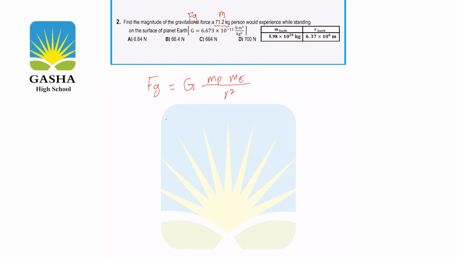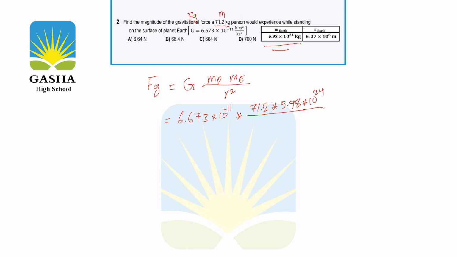So let's substitute the values. G is 6.67 times 10 to the power negative 11, times the first mass, 71.2, and the second mass, the mass of Earth, which is 5.98 times 10 to the power 24, which is included in your exam.